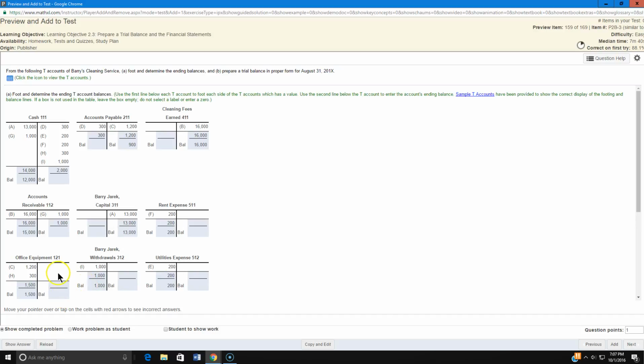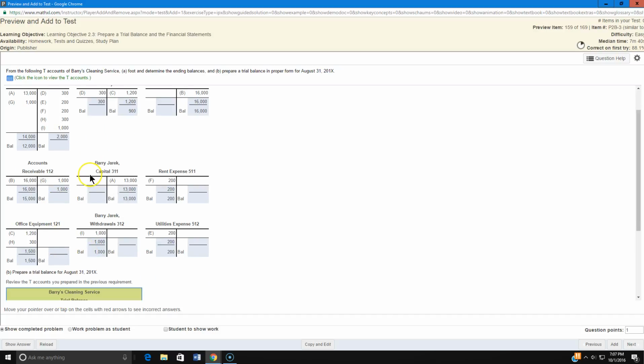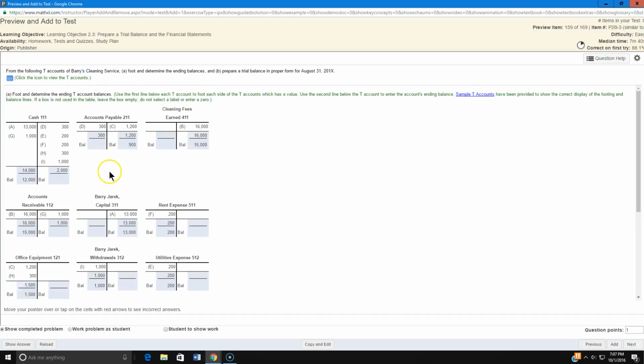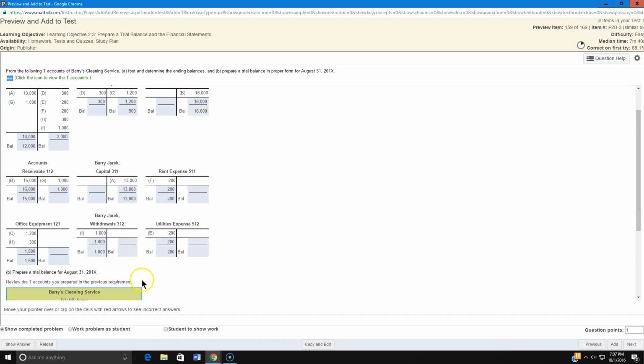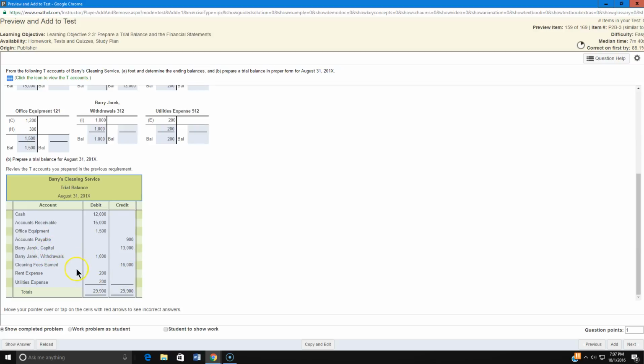After the account balances are all determined, we then go ahead and prepare a trial balance. It simply means we list the accounts in ledger order: the assets first, the liabilities second, the capital third, then the withdrawals, then the revenue, then the expenses, and we prove the equality of debits and credits.